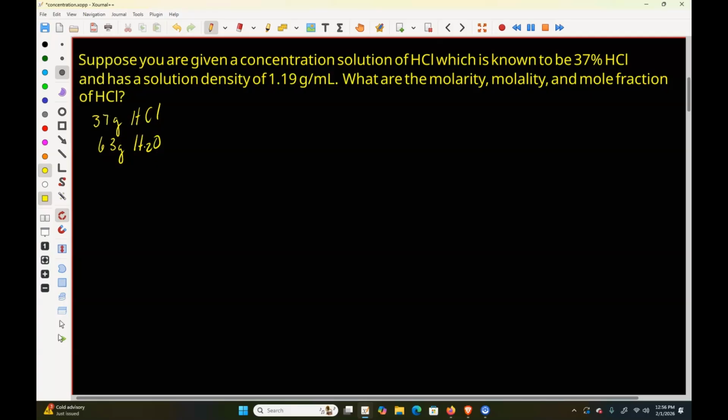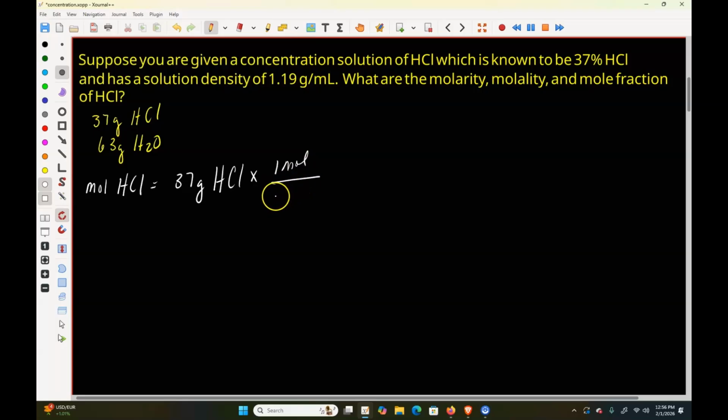To find molarity, you need to determine the moles of HCl per liter of solution. So let's first convert the known amount of HCl, which is 37 grams, into moles. So moles HCl, I know that I have 37 grams times 1 mole.